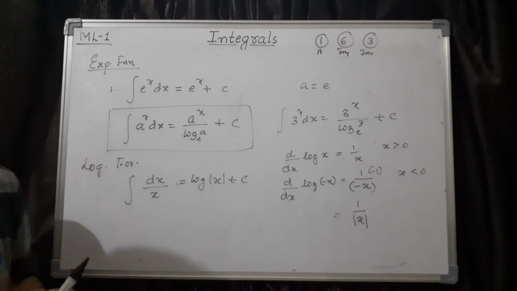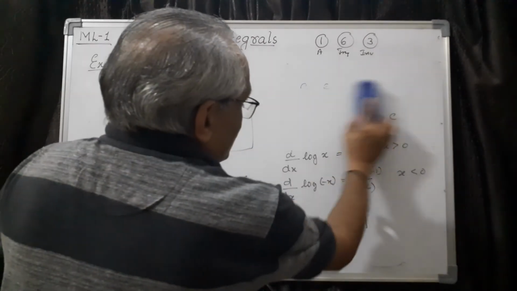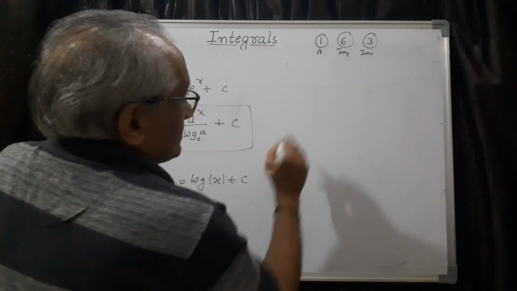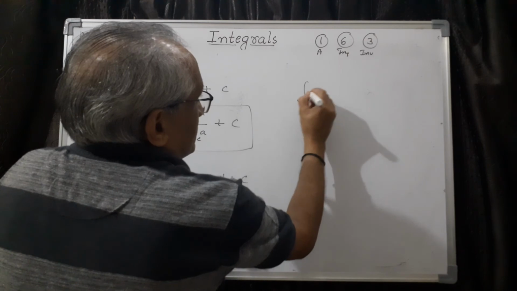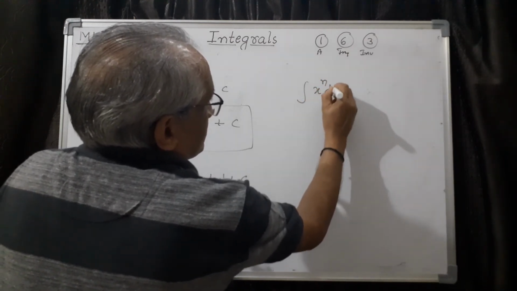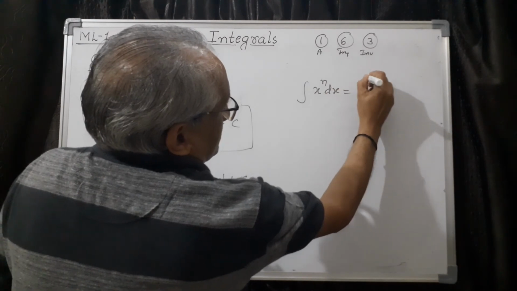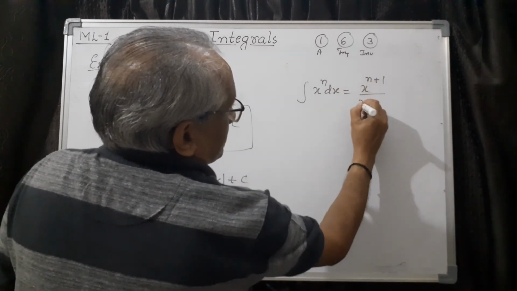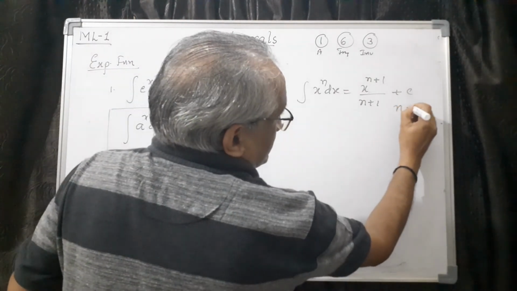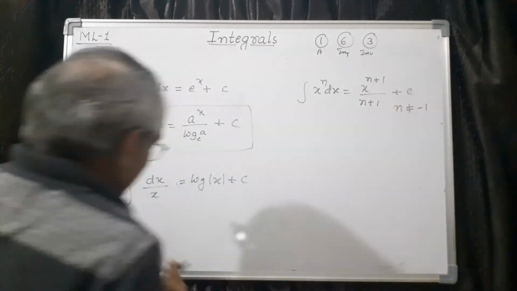Now I will go back once again. Just now recollect the formula for integration of x power n dx. This integration was x power n plus 1 by n plus 1 plus c. But what was the condition? n is not equal to minus 1. Now look here.